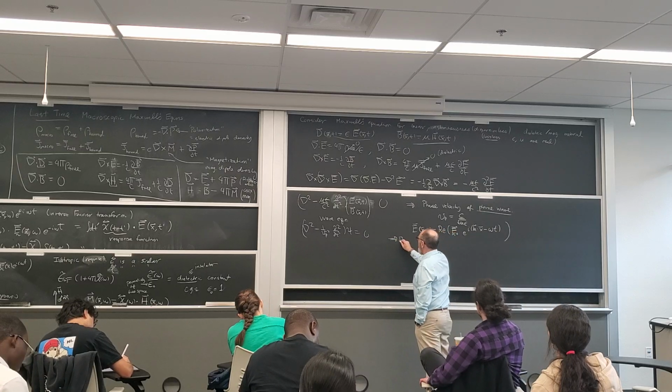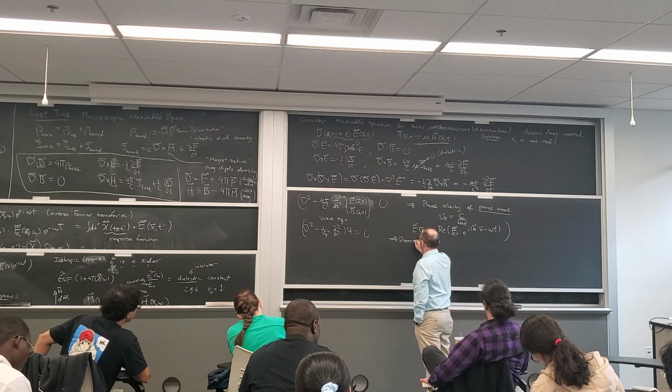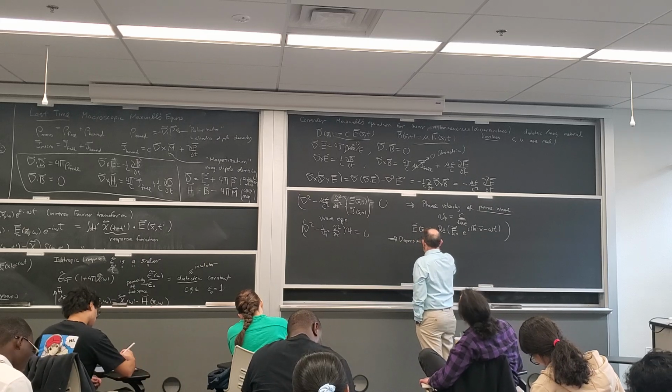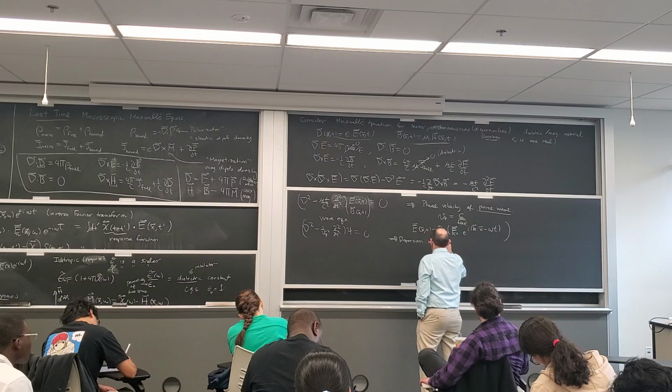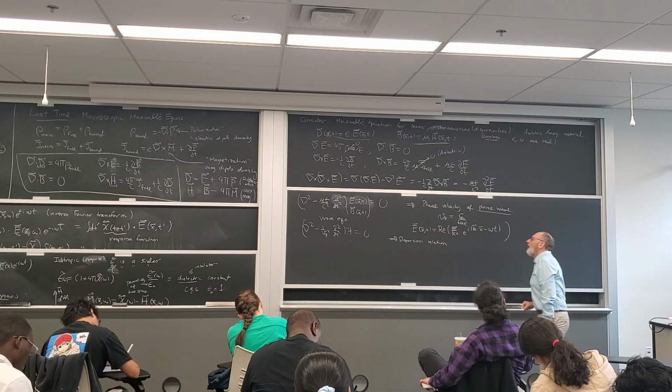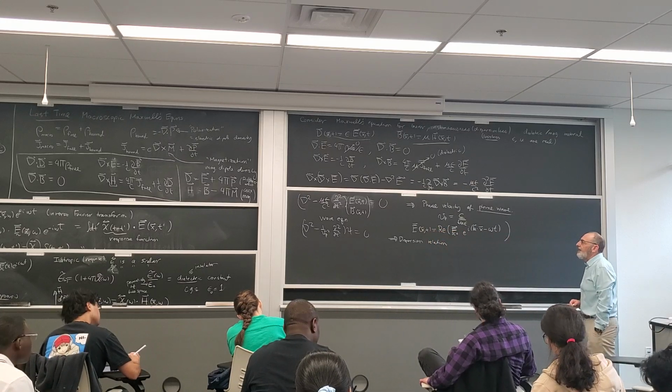The dispersion relation tells us the relationship between omega and k.